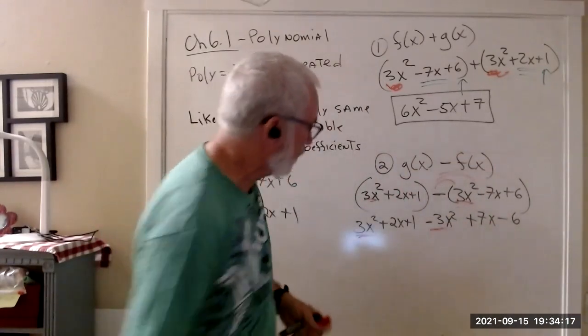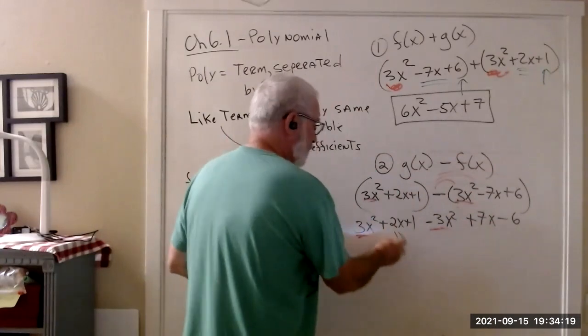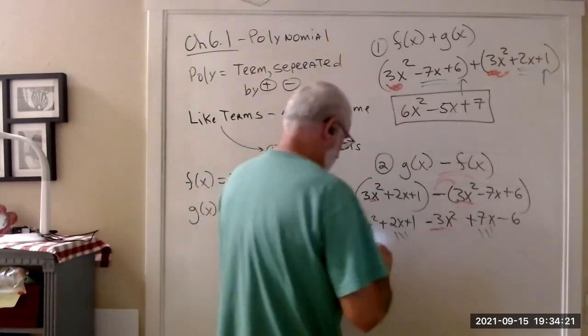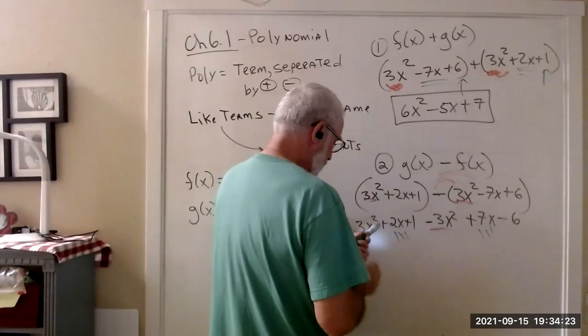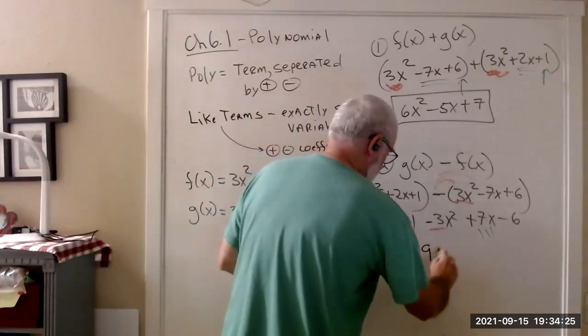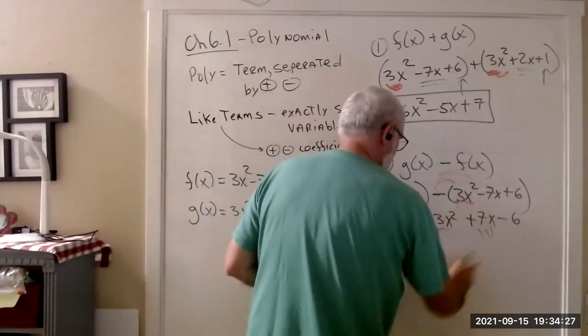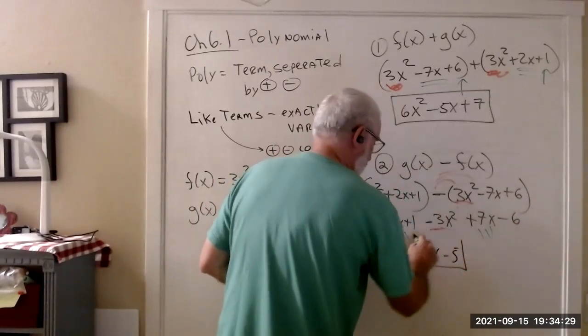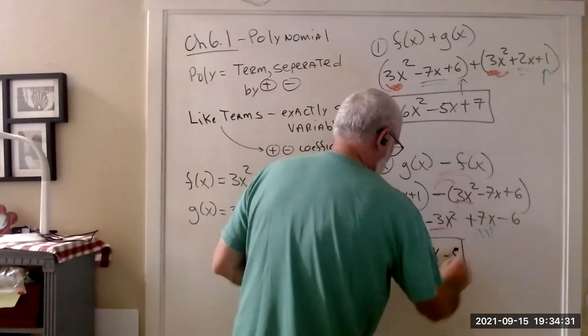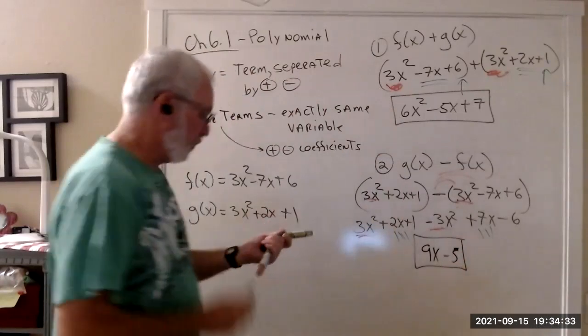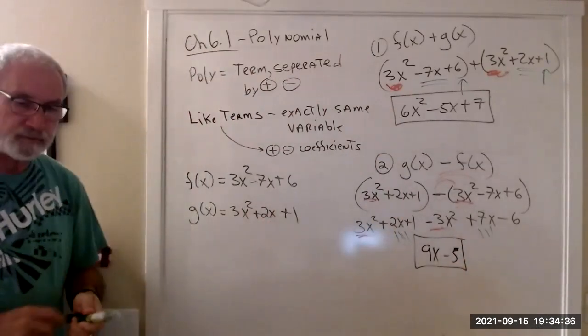They cancel each other out. The 2x and the 7x make 9x. And the 1 minus 6 makes a minus 5. So that would be the answer to those two problems.